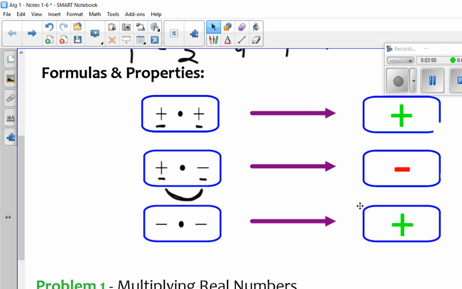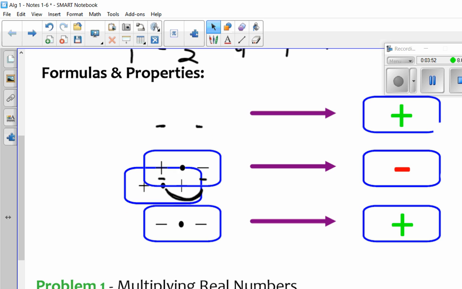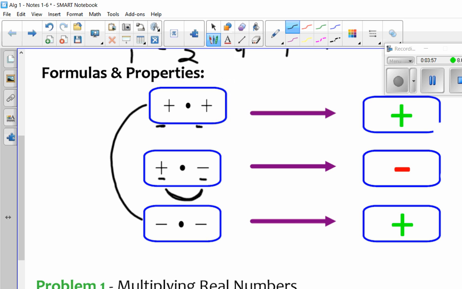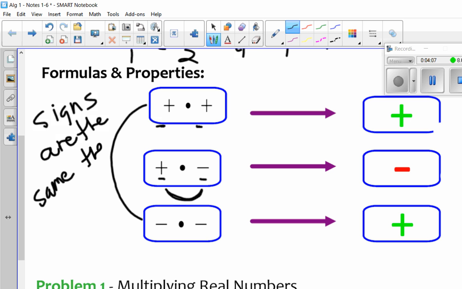So one rule that we can get is: when the signs are the same, the answer is positive.